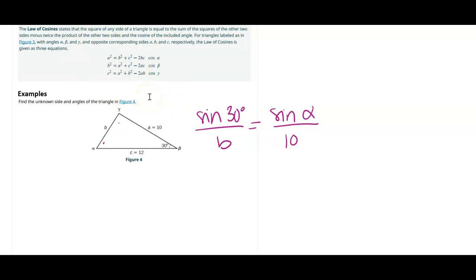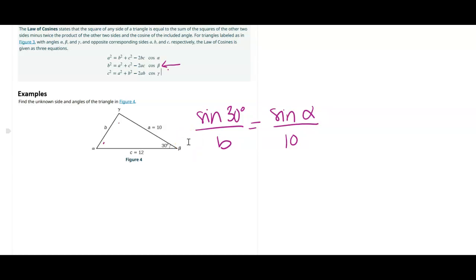And again, there are different proofs of why these equations are what they are. But since we know beta, we're going to use this one right here. So use the one that only is going to have one unknown.